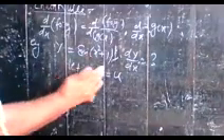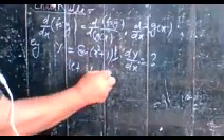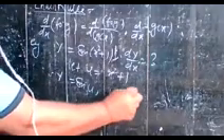Let u is equal to x square plus 1. So your function becomes y is equal to sine u, and u is equal to x square plus 1, understand?